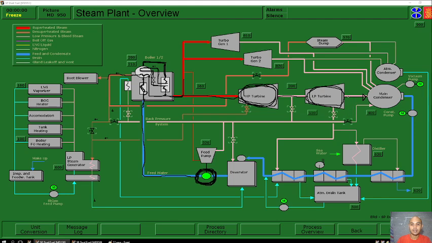That is our main condenser. The main condenser is also used as a freshwater generator or distiller. We have a vacuum pump to lower the pressure inside the main condenser.